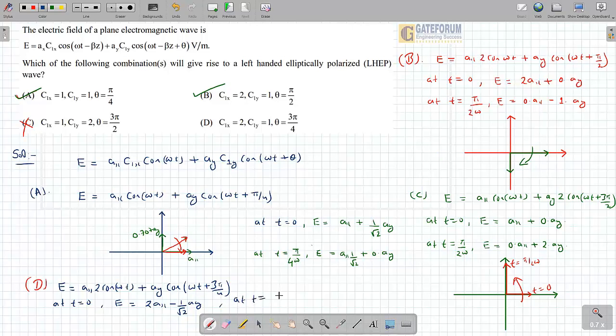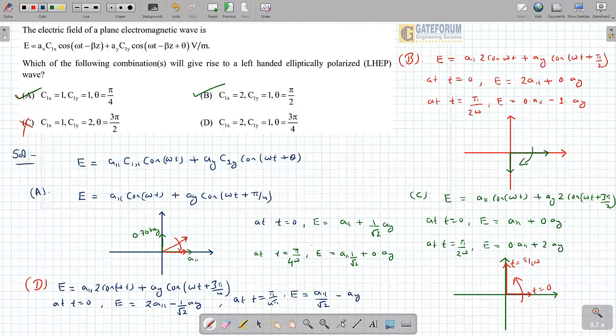At t equal to, I'll write pi by 4 omega, for the sake of simplicity. E will become Ax by root 2. Pi by 4 omega plus 3 pi by 4 omega, that will become cos pi, which is minus Ay.